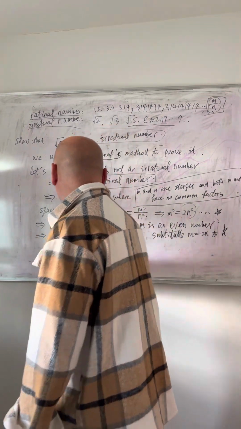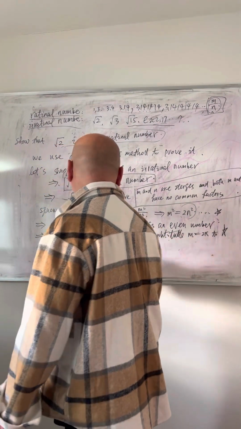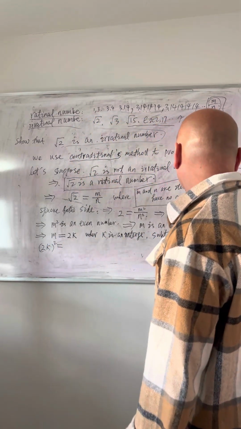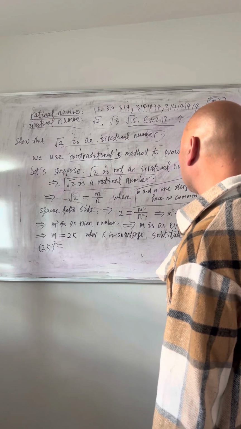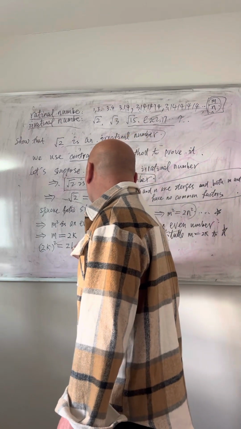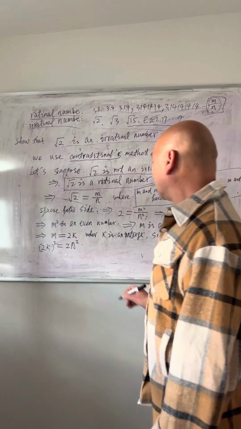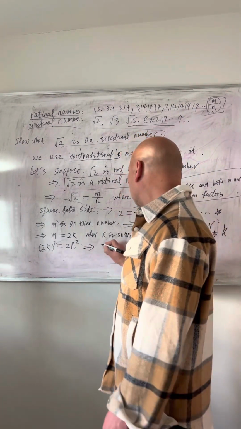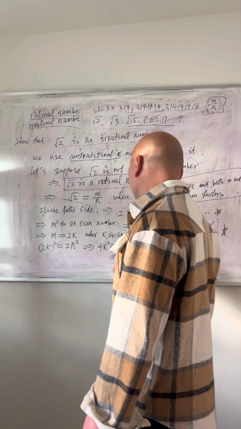Substituting here, m is 2k, so (2k) squared equals 2n squared. We simplify this equation, which is 4k squared equals 2n squared.